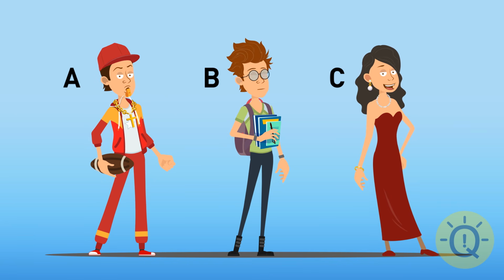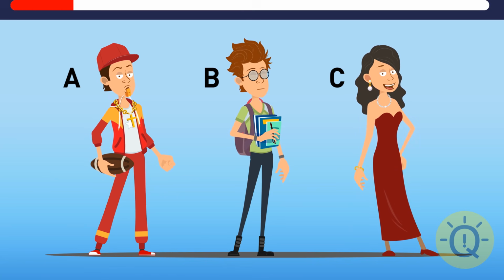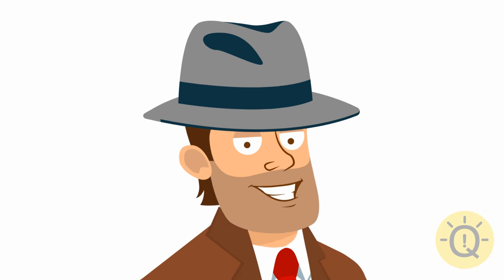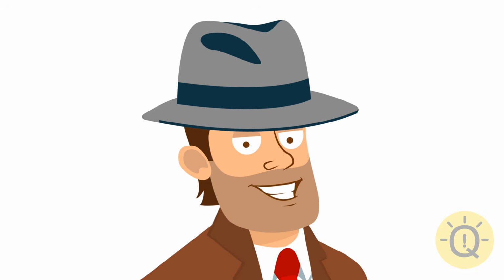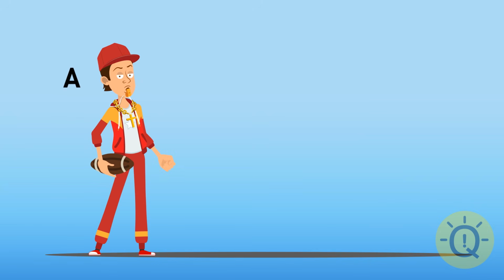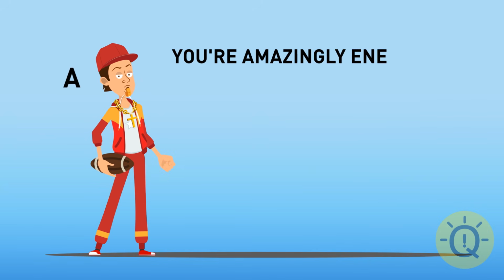Now, look at these teachers. Can you figure out which of them is a millionaire? A, B, or C? Ha! Tricked ya! It's actually not a riddle, but a mini psychological test. If you decided that teacher A is a millionaire, you're amazingly energetic.